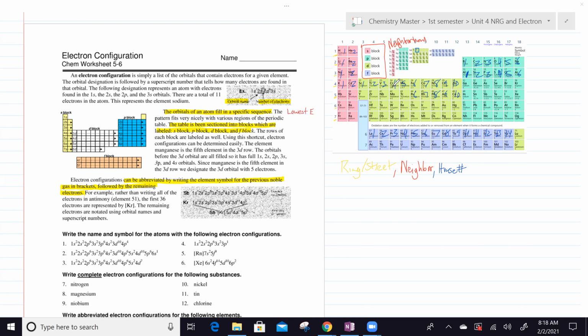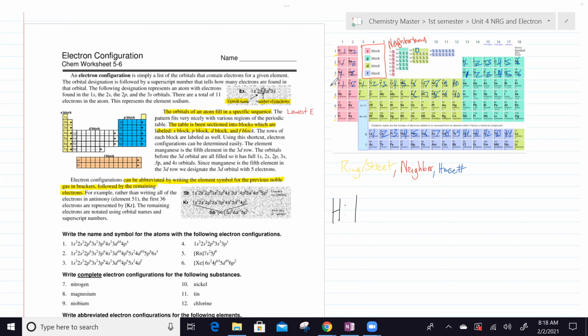All right, so let's start with hydrogen. Based off of the street, the neighborhood, and the house number, let's see if we can figure out what the address is for hydrogen. What street number does hydrogen live on? Or how many rings does it have? 1. Excellent.